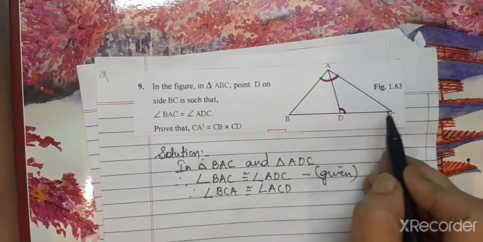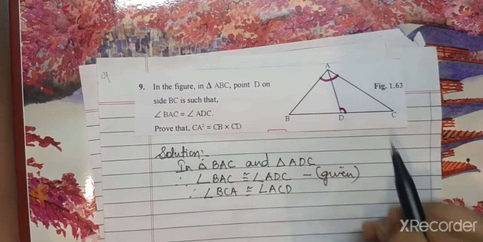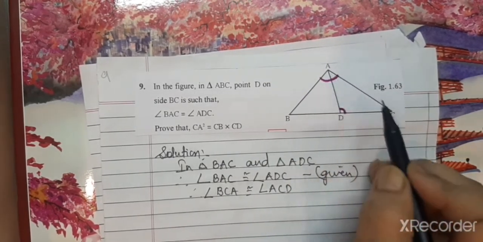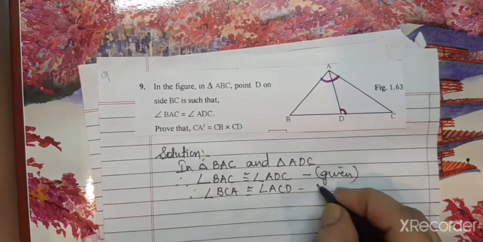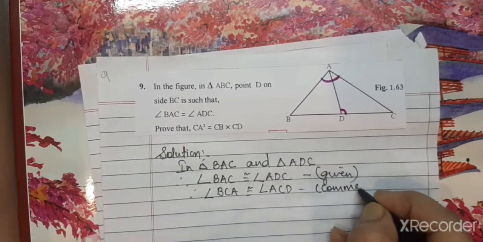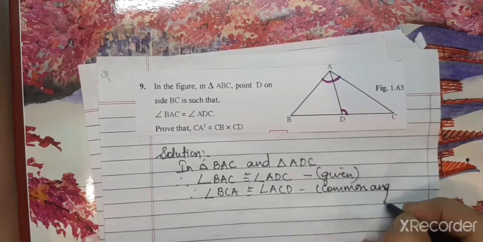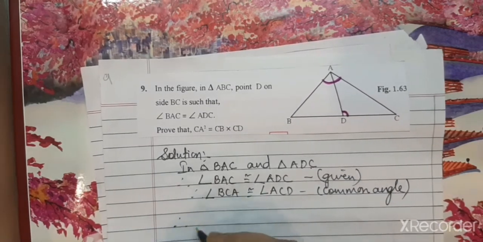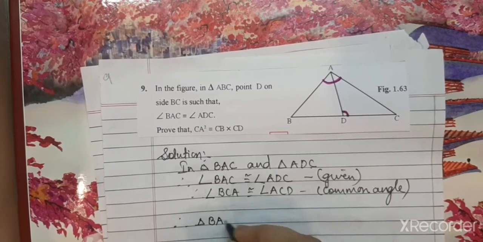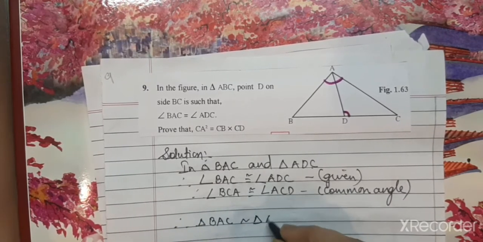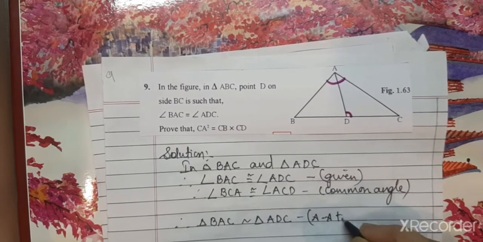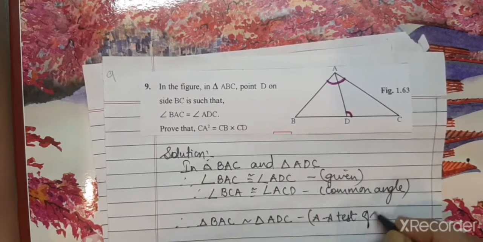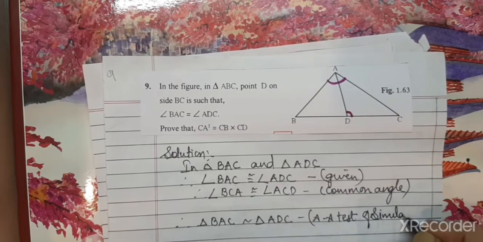See, BCA of the bigger triangle and ACD of the smaller triangle. Here you will write the reason as common angle. Therefore, triangle BAC is similar to triangle ADC by AA test of similarity.